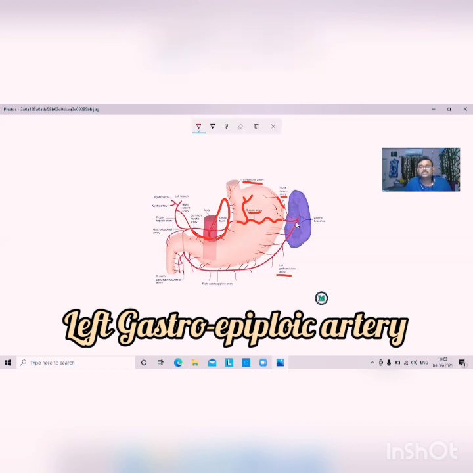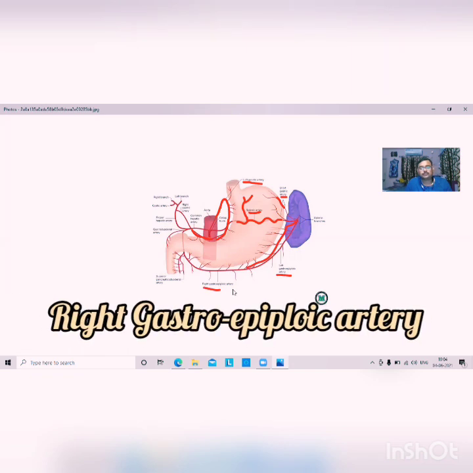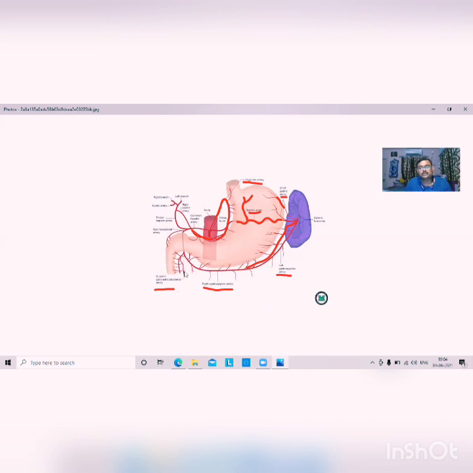Now, this left gastroepiploic artery passes along the gastrosplenic ligament and reaches the greater curvature of the stomach and runs along the greater curvature to anastomose with another artery, which is called the right gastroepiploic artery. Now, this right gastroepiploic artery, which is the branch of the superior pancreaticoduodenal artery, will run along the greater curvature of the stomach to anastomose with the left gastroepiploic artery.